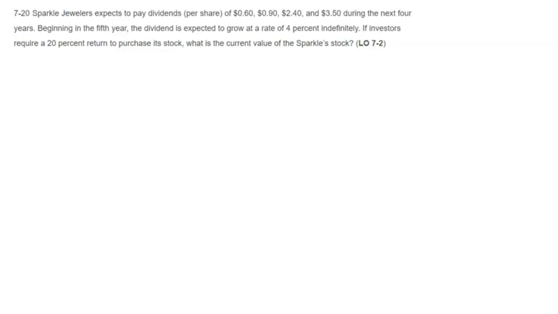Sparkle Jewelers expects to pay dividends per share of 60 cents, 90 cents, $2.40, and $3.50 during the next 4 years. So the terminology: D1, the dividend in year 1, D2, the dividend in year 2, D3, the dividend in year 3, and then D4.